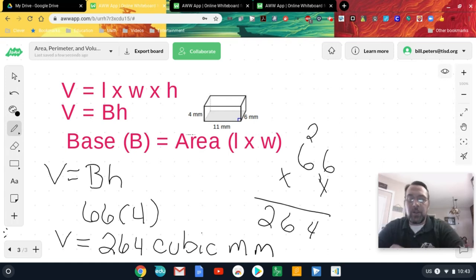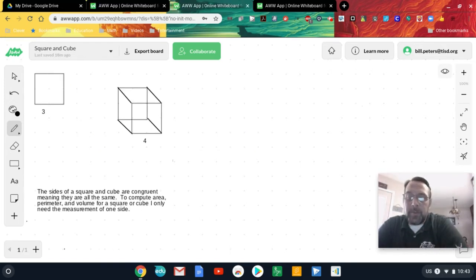Now, let's take a look at some special vocabulary that you're going to run into when you're doing area, perimeter, and volume. What we have here is a cube and a square. Cubes and squares are unique because all sides of a cube and a square are congruent. That means they only have to give me the measurement of one side, and I can figure out the perimeter, the volume, and the area.